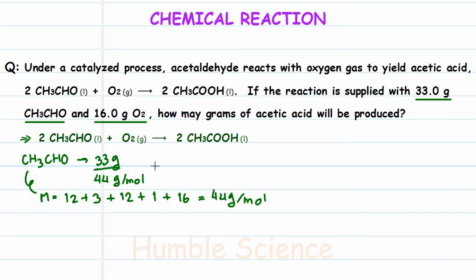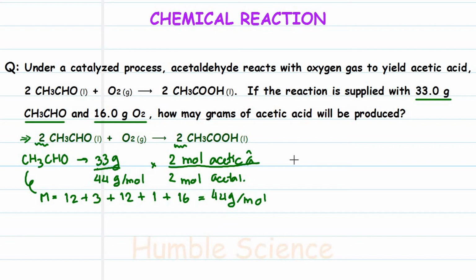And we can see that 2 moles of acetaldehyde will give out 2 moles of acetic acid. So we can multiply it with 2 moles of acetic acid divided by 2 moles of acetaldehyde.